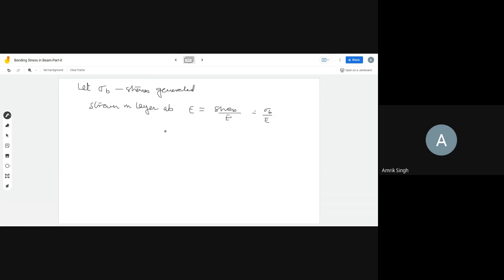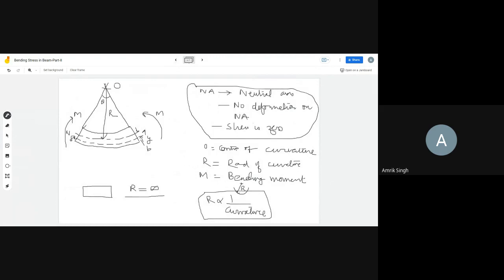Now this stress, this strain. Just a minute. So we have taken a layer AB, which is on the neutral layer.